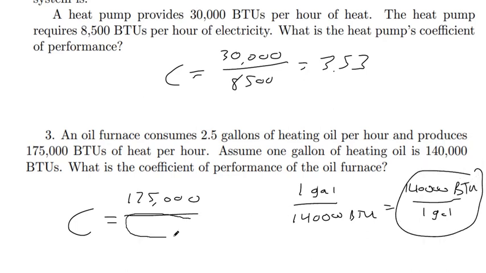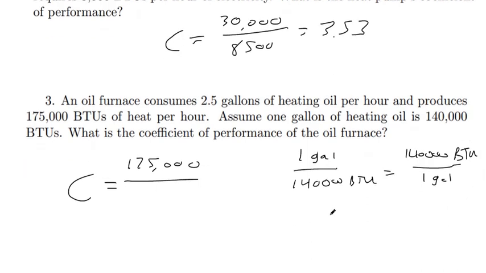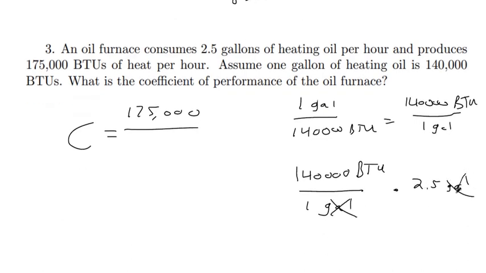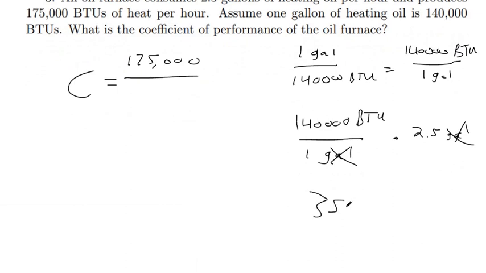That's the whole goal, to be dividing BTUs by BTUs. So 140,000 BTUs for 1 gallon. We want to multiply that by the number of gallons we have, 2.5 gallons. That way the gallons units cross cancel and we're left with just BTUs. So we got 140,000 times 2.5, so that's 350,000 BTUs.